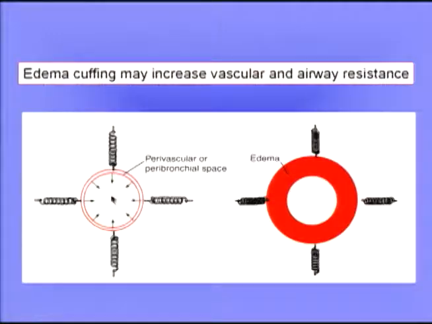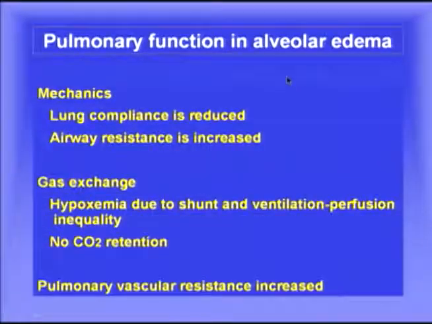This is either a blood vessel or an airway, it doesn't matter. And you've got the radial traction pulling it open. And now if you get edema fluid filling this potential space here, because that's where the lymphatics run, then you get a reduction in the lumen of the blood vessel or the airway, and that causes either an increased vascular resistance or an increased airway resistance.